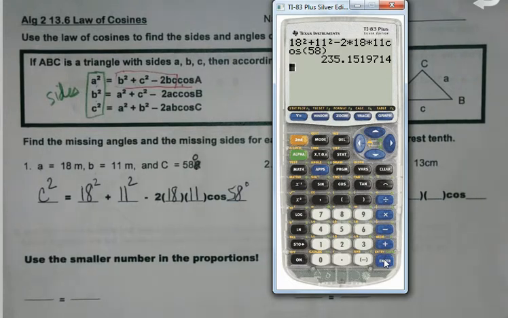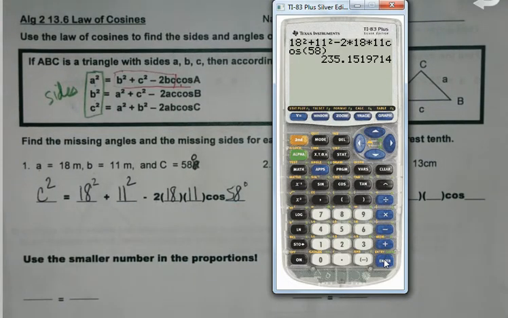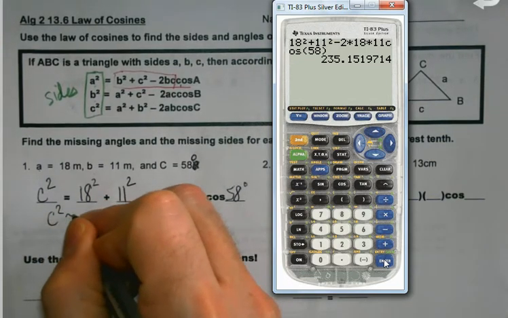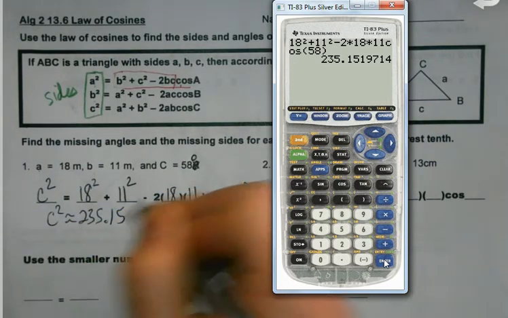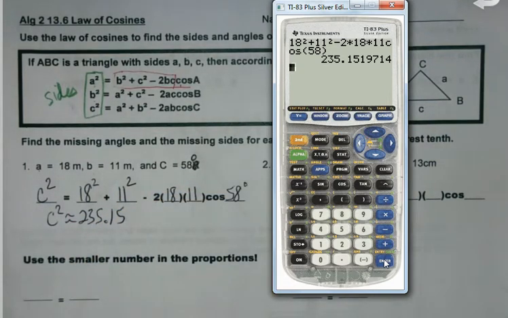Now, don't round yet. Some of you are going to say, well, if you have that, it's C squared and that's the answer. Why am I not rounding, or why didn't I just use a square root to begin with? Because we know that's going to be the last step. C squared is about this, and the only reason I'm writing this down right now is so you've got a reference later. Why wouldn't I do the square root originally?